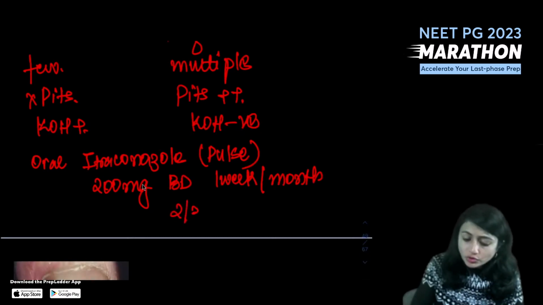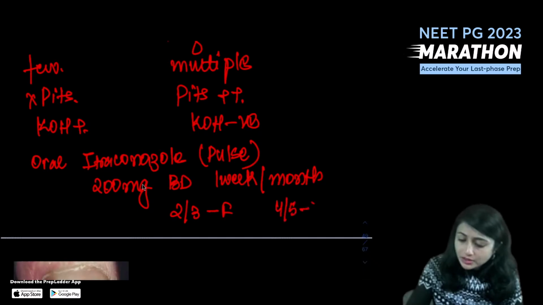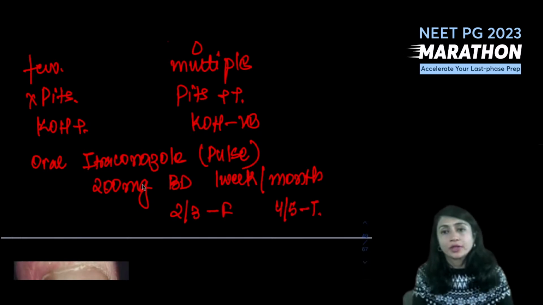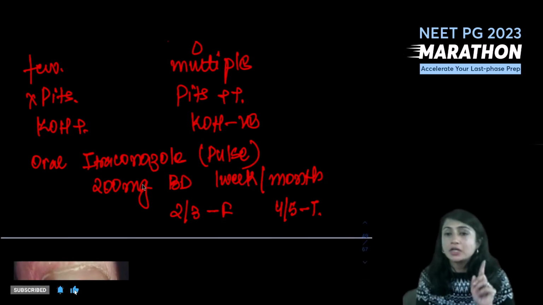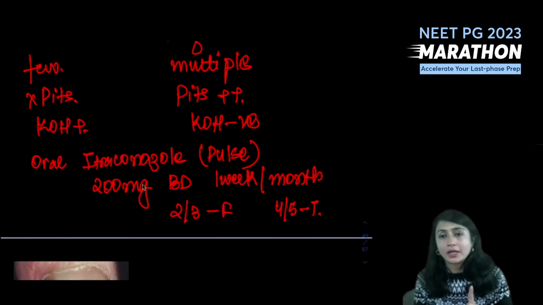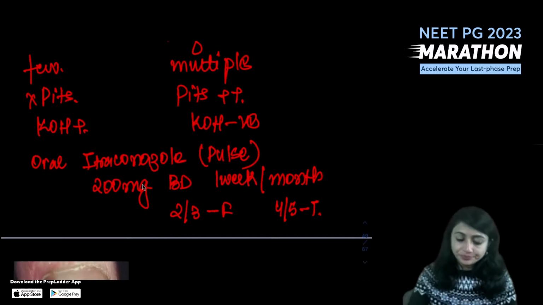You give 2 to 3 cycles for fingernails and 4 to 5 cycles for toenails. So oral terbinafine and itraconazole are the treatment of choice for onychomycosis, especially if it involves multiple nails. If it is a single nail, you can give nail lacquer, and those are amorolfine and ciclopirox.